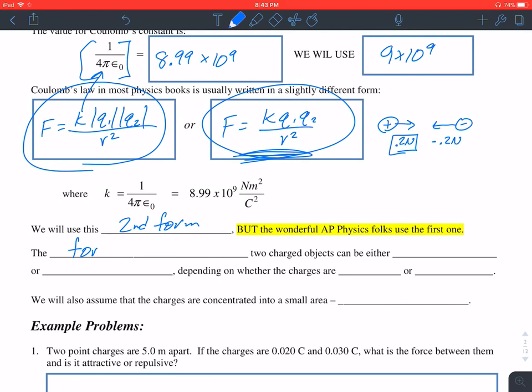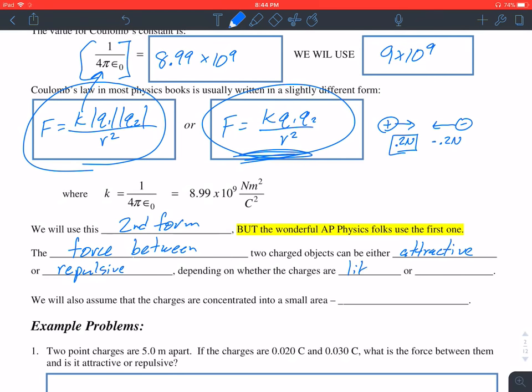So the force between the two charged objects can either be attractive, like that example that I showed you up above when the objects are oppositely charged, or the forces can be repulsive if the charges are the same, right?